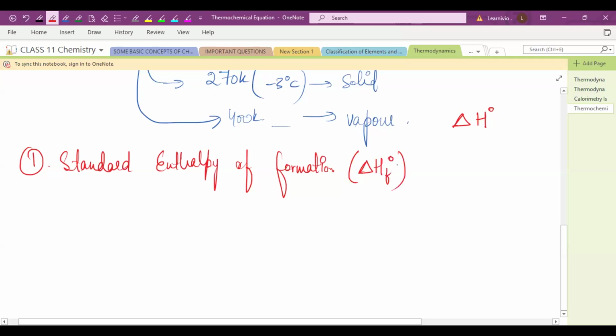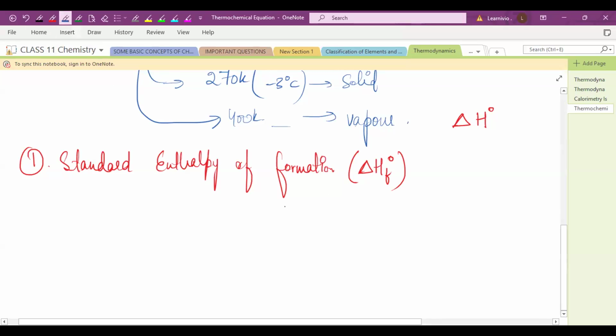If you write delta HF, it is the enthalpy of formation, but with the naught it means it is standard. Standard means the heat is measured at 1 bar pressure, and all substances should be in their standard state.